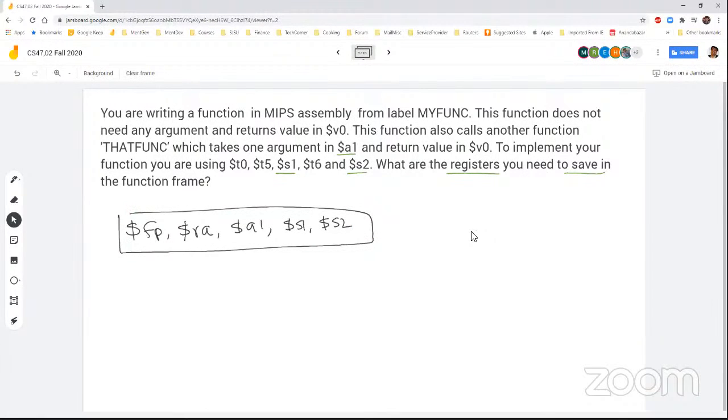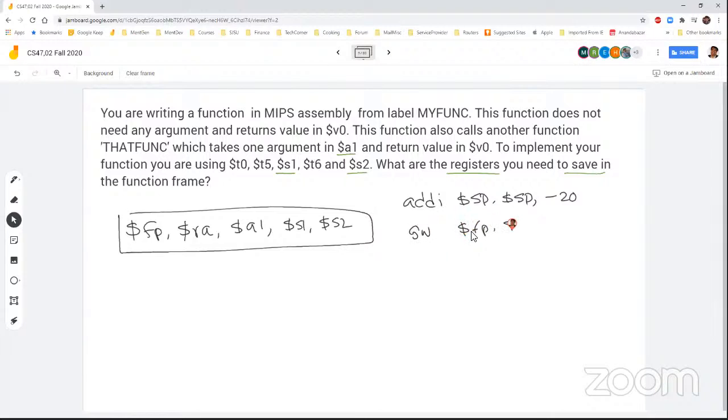Professor, why do we not need to save $SP? Because if you look at this frame creation and deletion, what we usually have is an addition of an offset, let's say 20, for example, and then we start storing words, right?